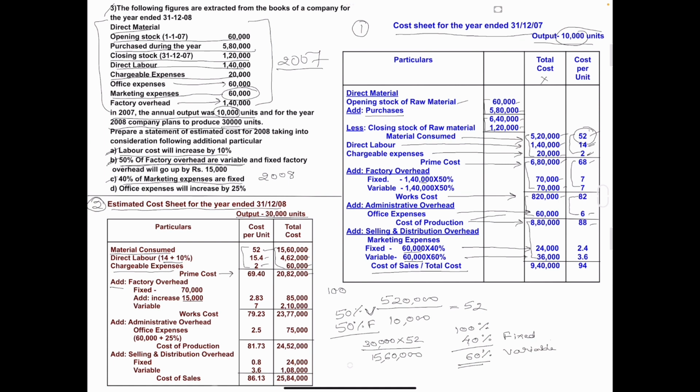If any expense is mentioned as fixed, then we have to take the total cost column amount, because it is fixed in nature. It will not change repeatedly. Variable means which goes on changing.